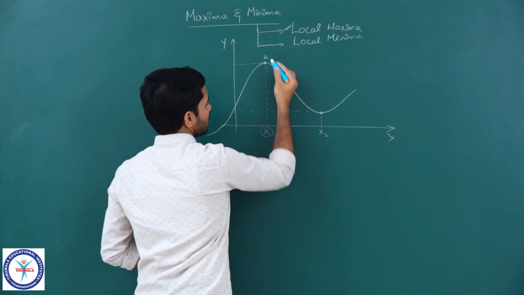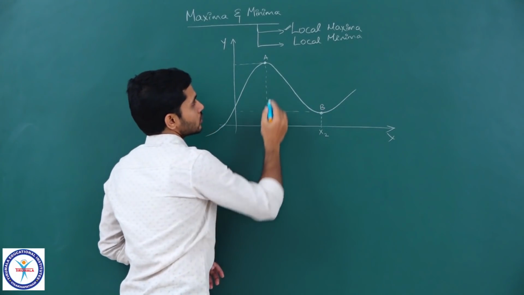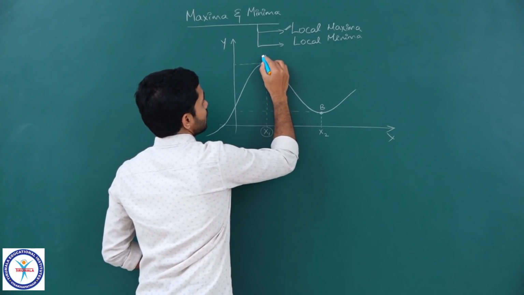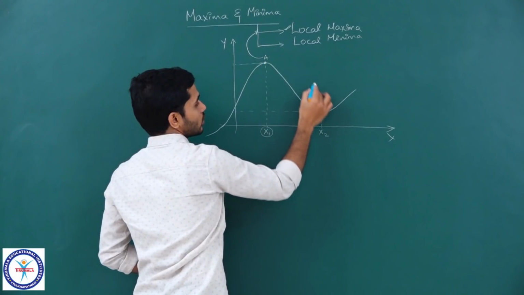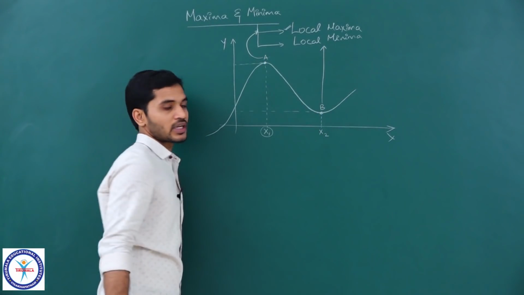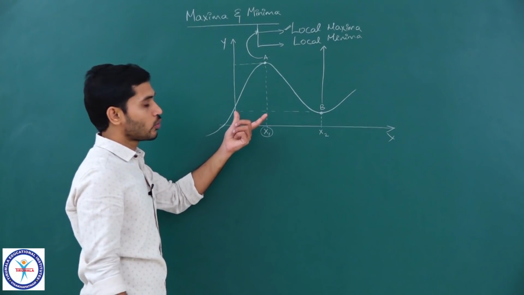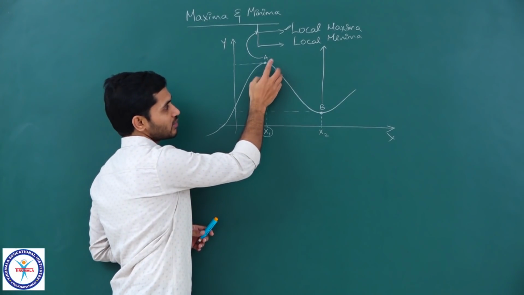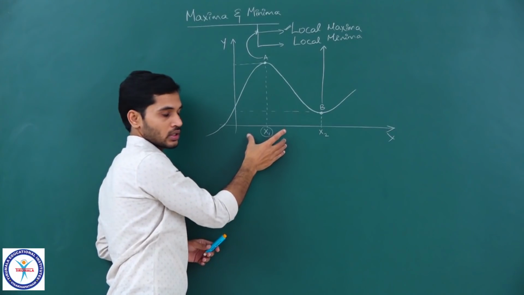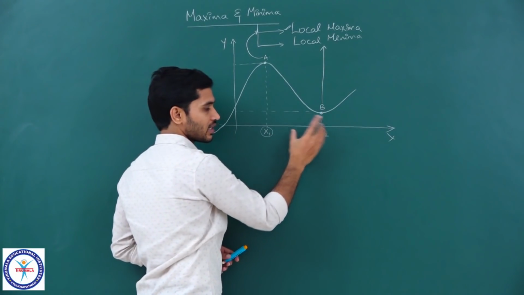Let me call them A and B. A is our local maxima, clear, and B is our local minima. I hope you get why I am calling it local, because this is the maximum value in that neighborhood and this is the minimum value in that neighborhood.